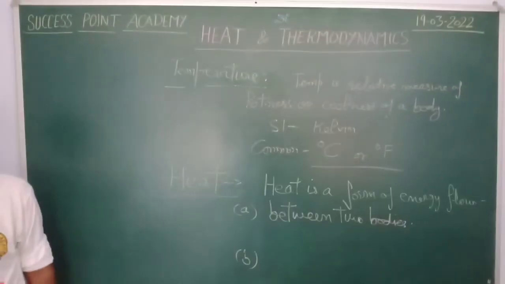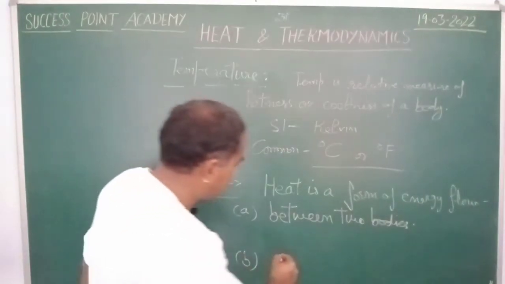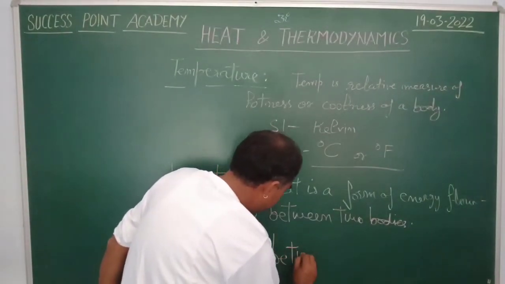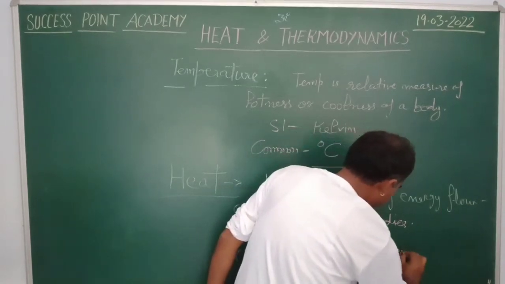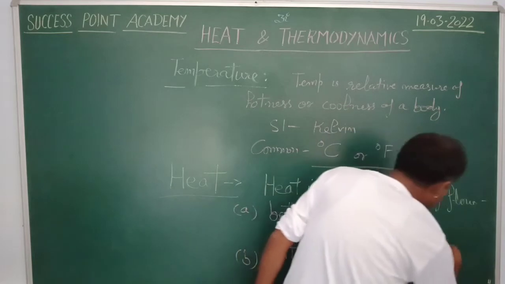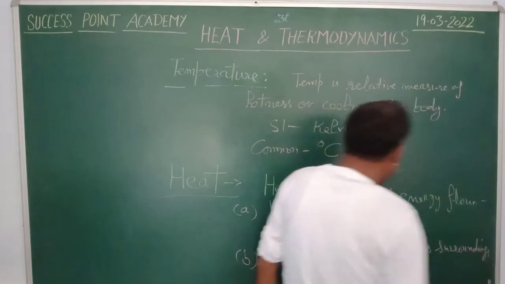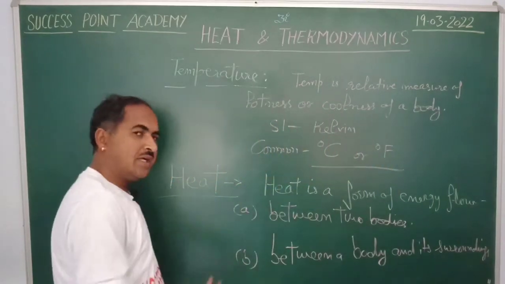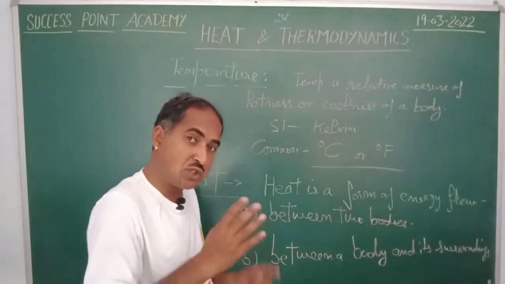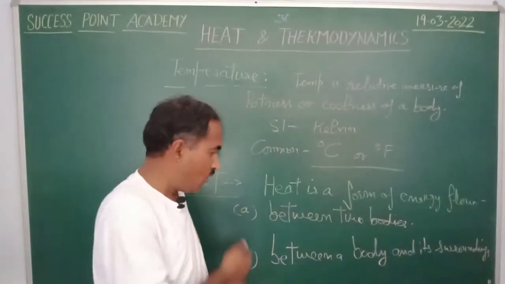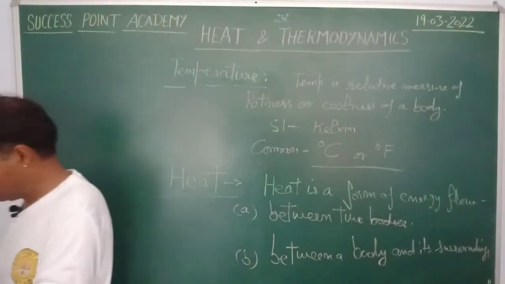And the second thing is between a body and its surroundings. This is how we discuss heat. Heat is a form of energy which flows between two bodies or between a body and its surroundings.